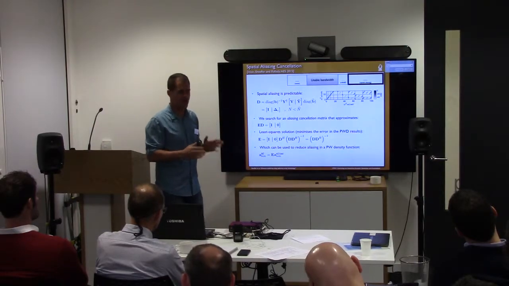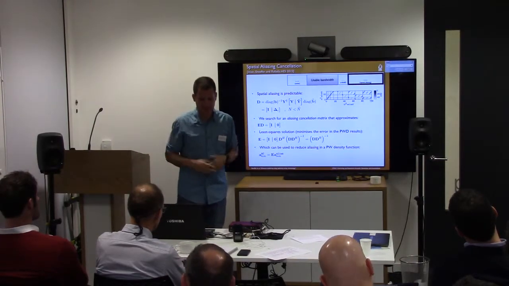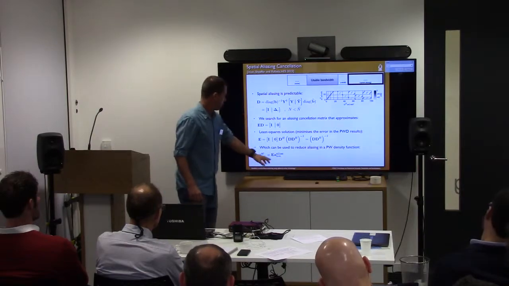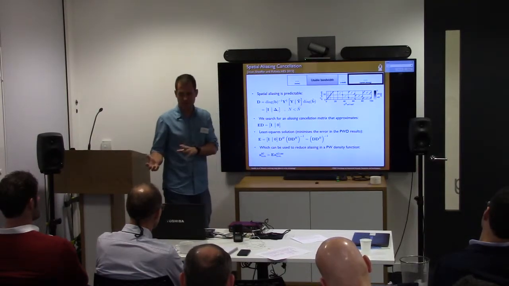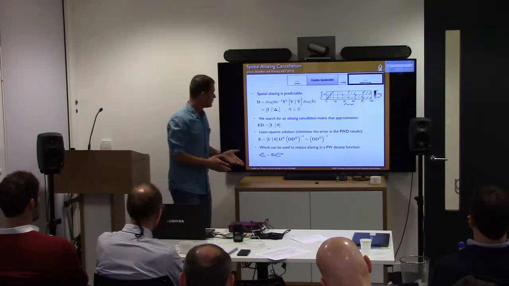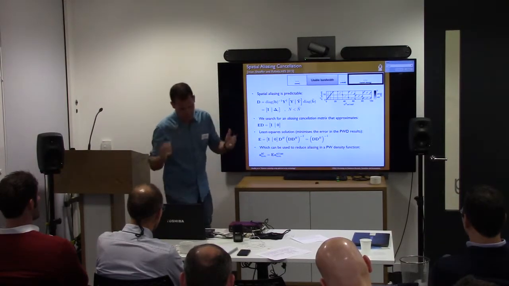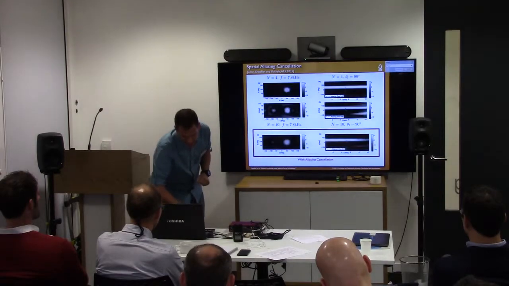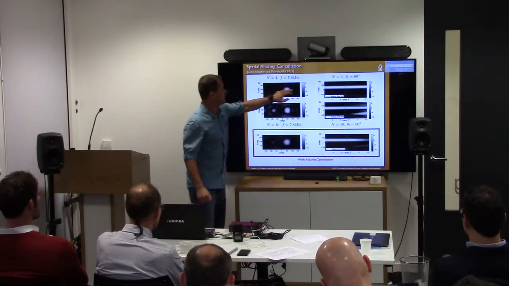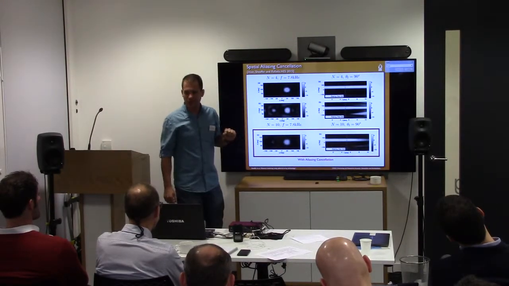We can solve that, and then we have what we call the aliasing cancellation matrix, which we can use to take the aliased signals, multiply them by it, and cancel out the high frequency aliasing. And this is how it looks. So this is the ideal example.